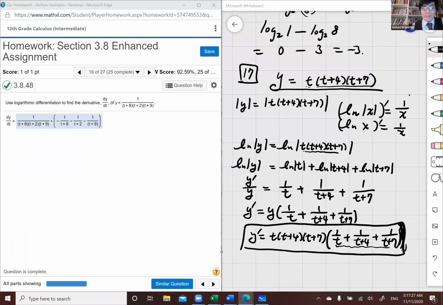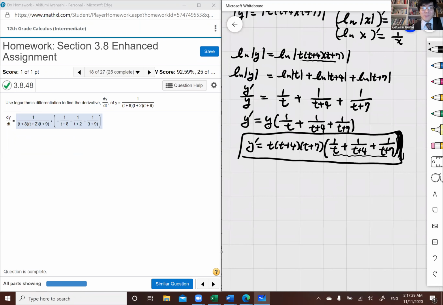Okay, again, you got a bunch of products or quotients. So you have y is equal to 1 over (t plus 8)(t plus 2)(t plus 9). Let's take the absolute value first to make sure this can be put into the log, and you plug it into log.